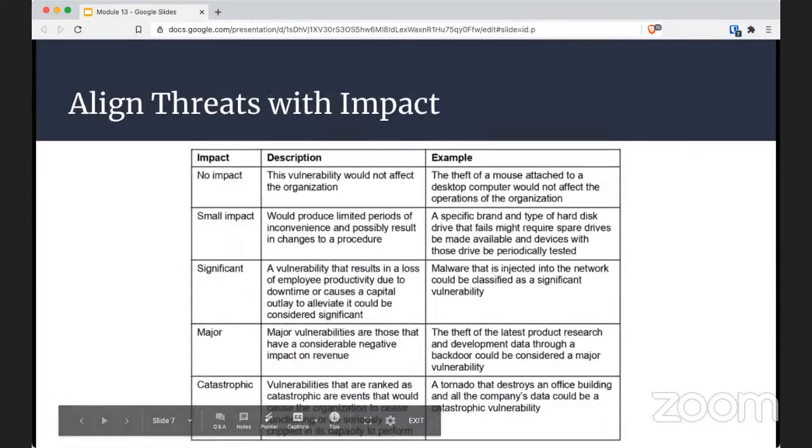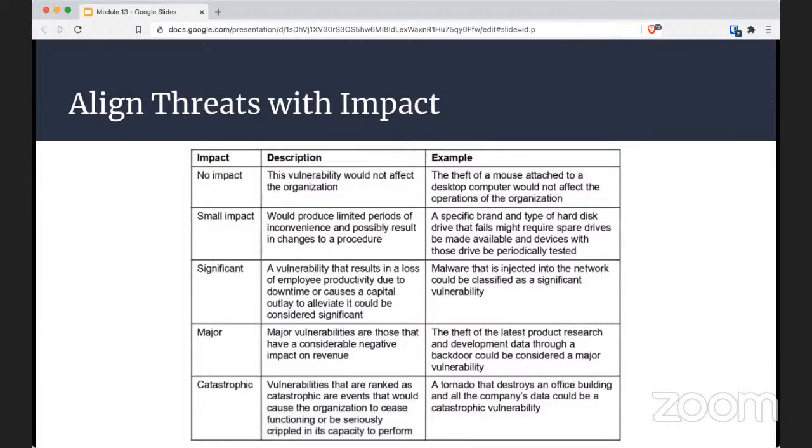Once we have those assets identified, we have their threats identified, then we need to align the threats to the impact to our enterprise. We have to say, well, how bad is it? What is the impact of a restricted account's password getting stolen?